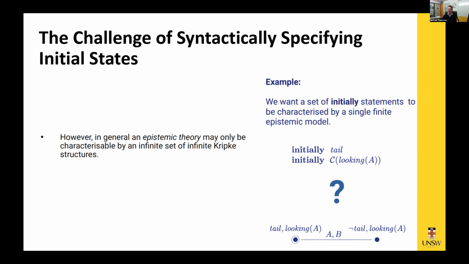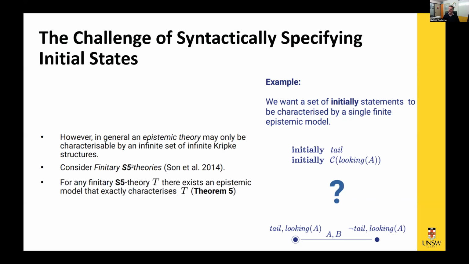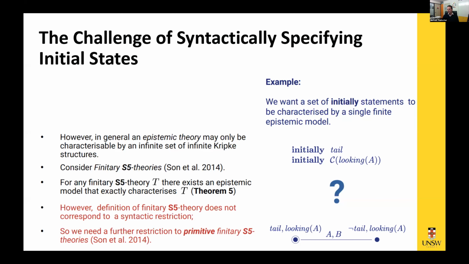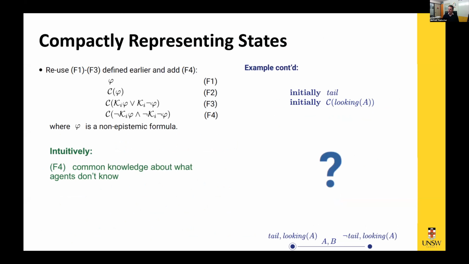So we do need a restriction in terms of what we can further express in terms of so-called finitary theories. And we have a theorem that says for any such finitary theory, there exists an epistemic model that exactly characterizes this particular theory.